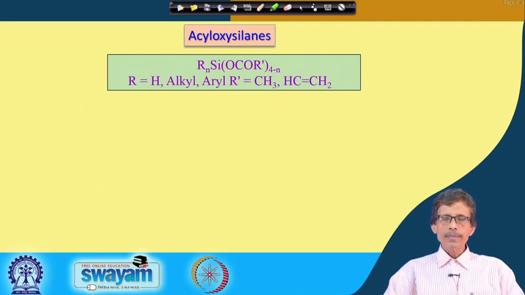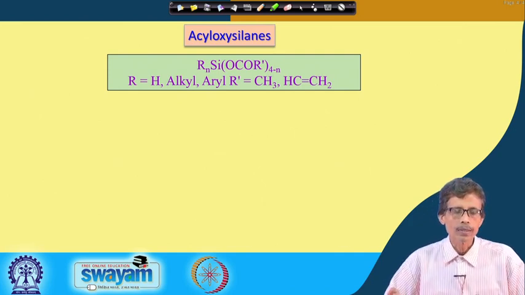So you bring the acyl function, and along with that you have one extra oxygen center. That is why it is known as Acyloxysilane. The general formula would be Rn Si (OCOR prime) 4 minus n, because 4 is the limit. Either you compromise on the number of R groups or the number of acyloxy groups.